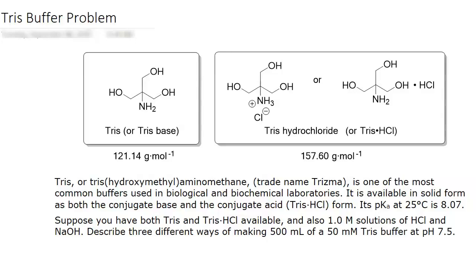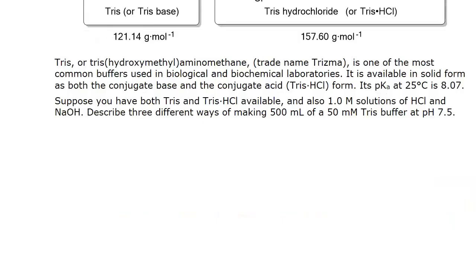So let's get thinking about that. What are the 3 ways you could do this? Scrolling up a little bit, you can use the TRIS base and TRIS acid forms in the appropriate ratio, or you could use the TRIS base form and convert some of that into the acid form by using your 1 molar HCl, or you could use the TRIS HCl form, convert some of that into the conjugate base form using your 1 molar solution of sodium hydroxide.